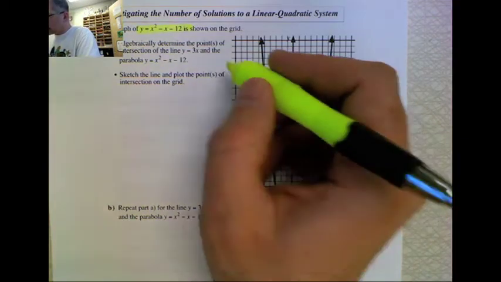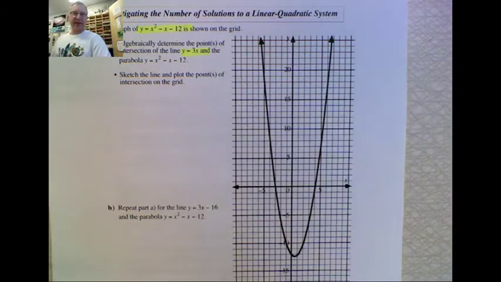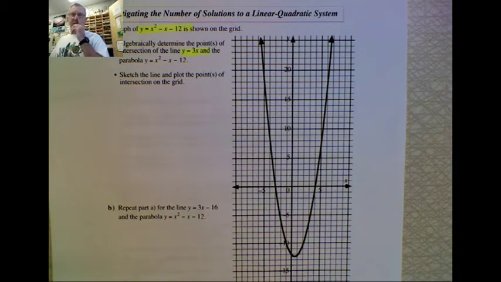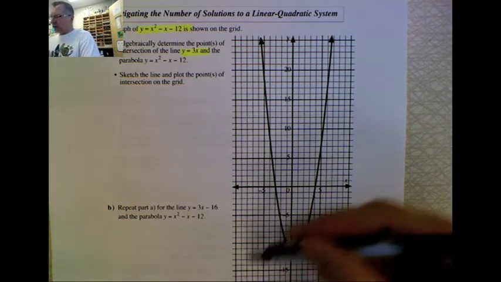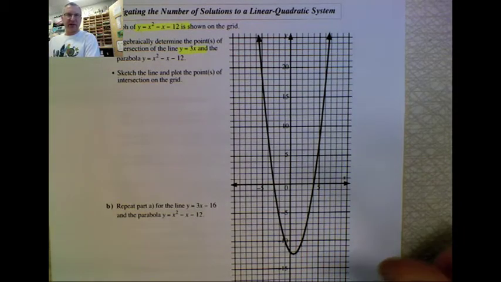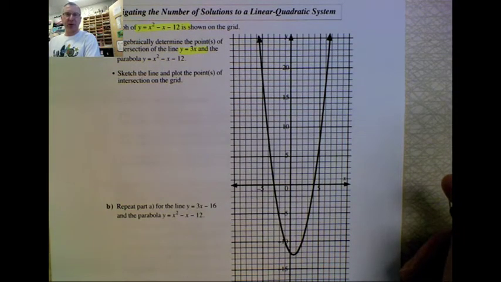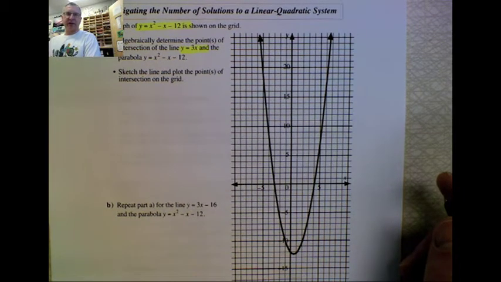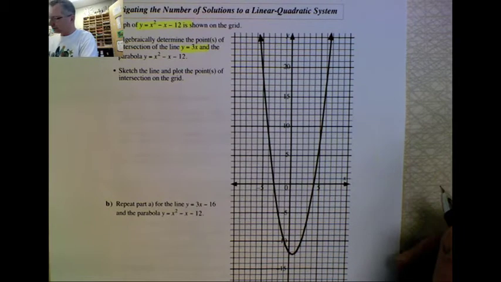And they're asking us to graph the line y equals 3x on top of this quadratic, so we can see how many points of intersection there are. Because there are not always 2 points of intersection. You're going to see that in a second.